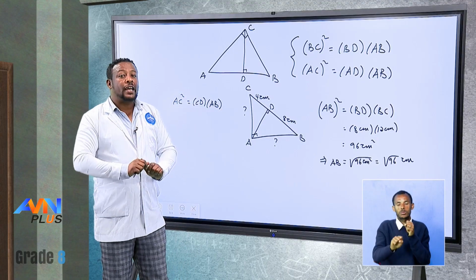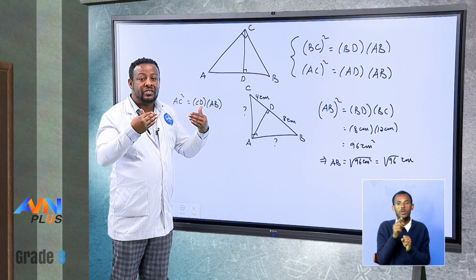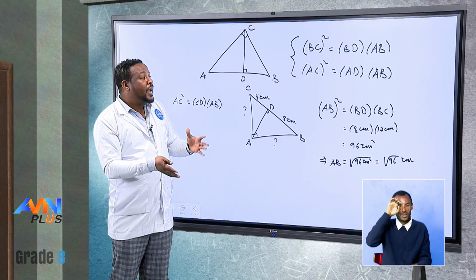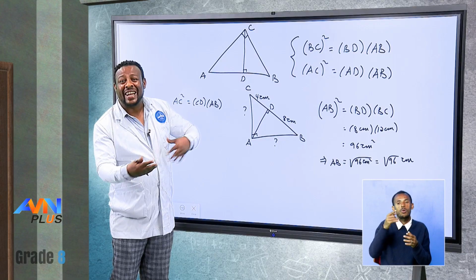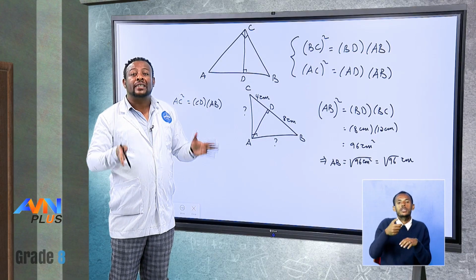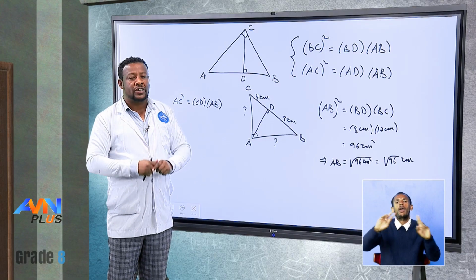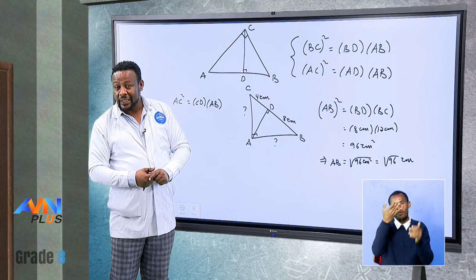So the first thing you need to do is understand what Euclid's theorem is saying, and understand which one is the leg and which one is the hypotenuse. That is a very crucial step of calculating the unknown sides.